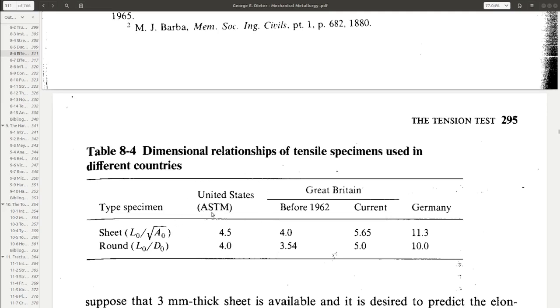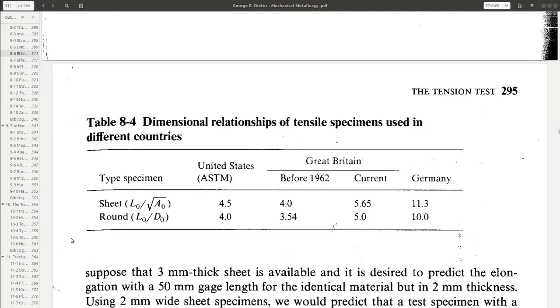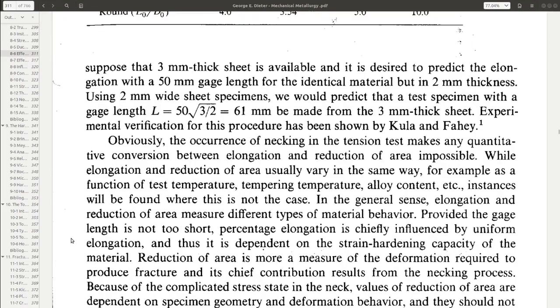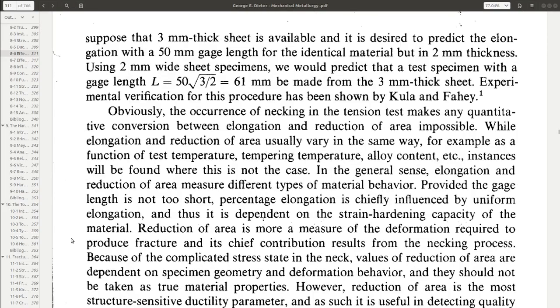That is very important while doing the tensile test, so that you get a correct understanding of the ductility. That's all about this topic. Thank you.